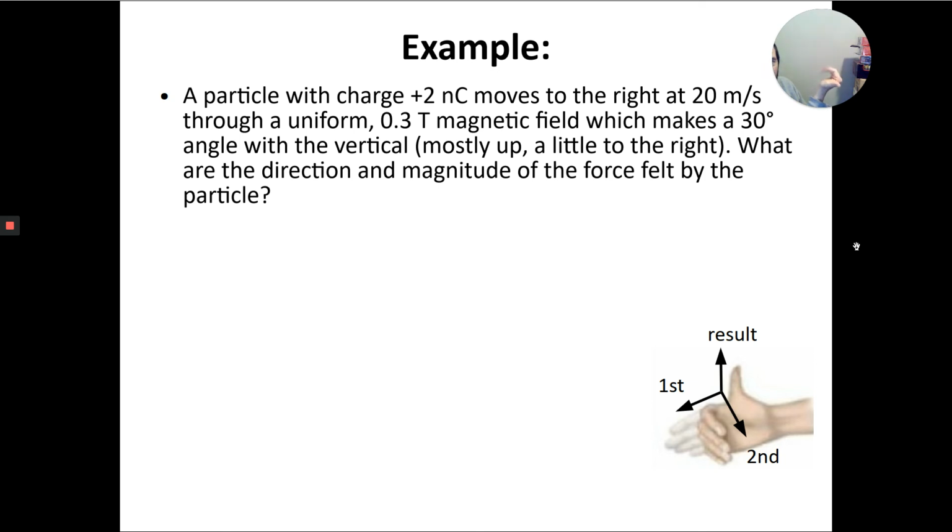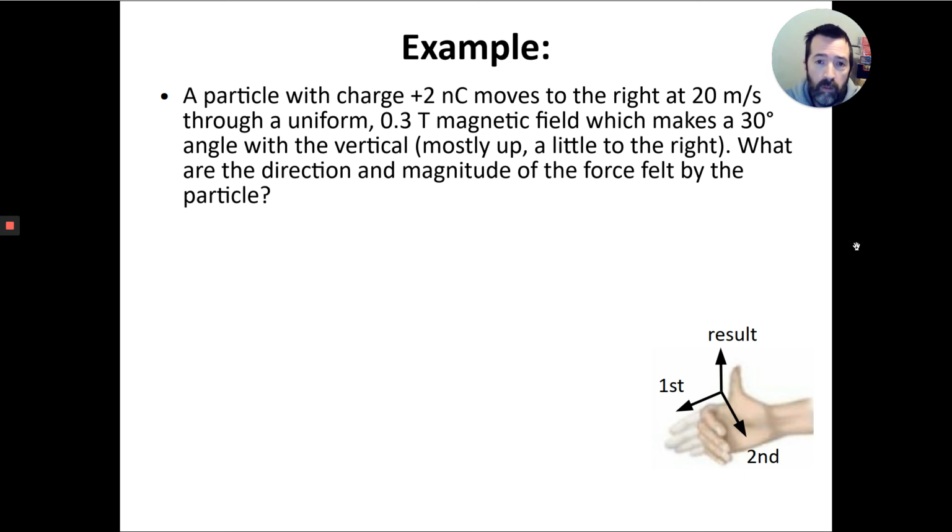All of these magnetic field directions have the same thumb position, so they all have the same force direction. So the direction is the same as before. Still out of the screen.